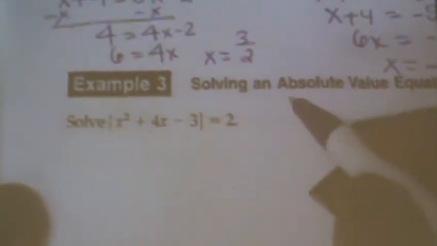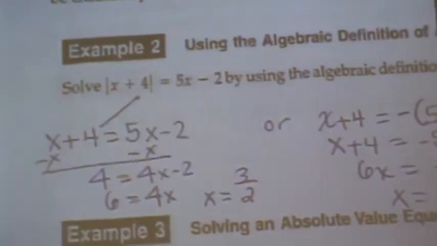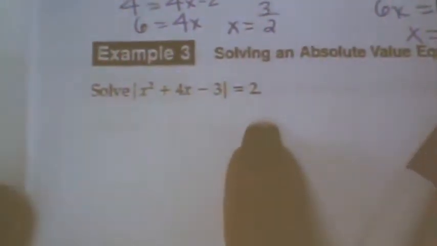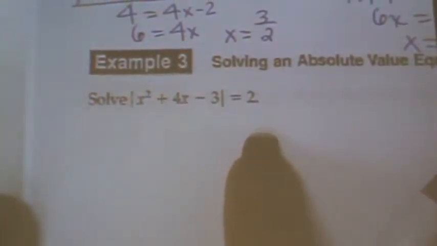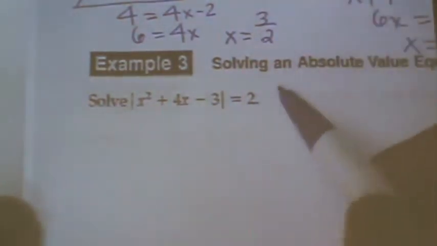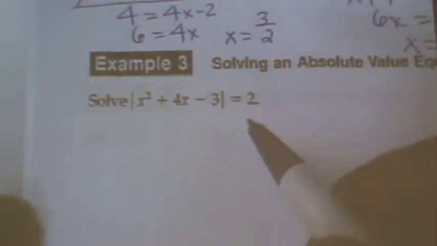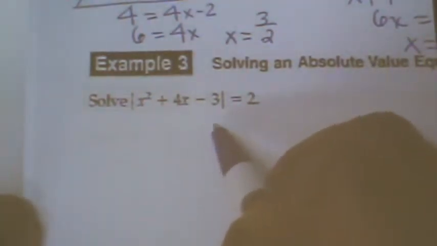Now last year in Algebra 2, when we did absolute values, you never saw them look like this, or problem number 1. Why does this one look different? Anyone see anything different in the absolute value? Square. It's a quadratic, yeah. So again, how are you going to break this up into what two problems?